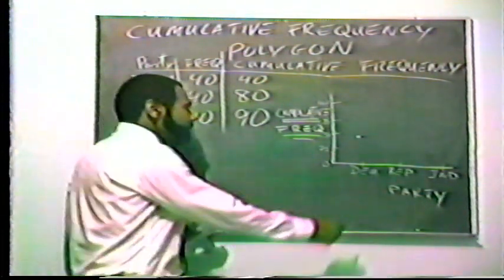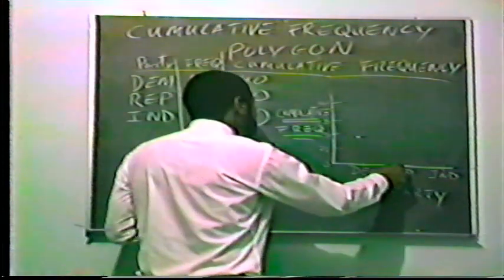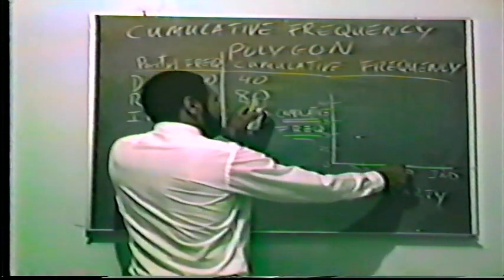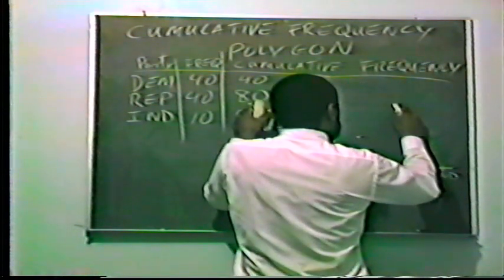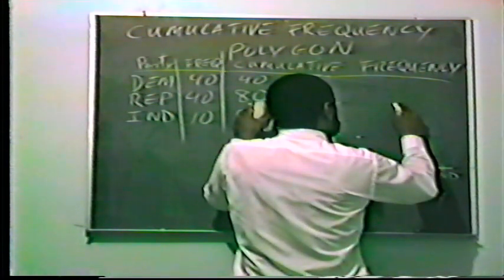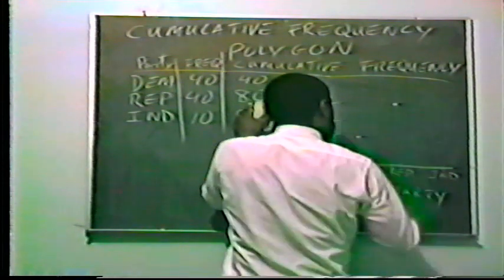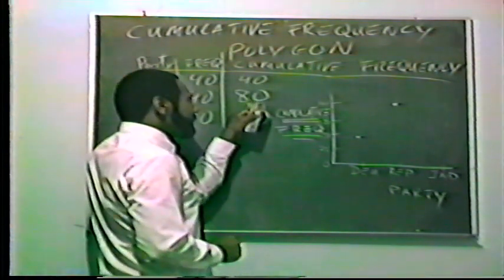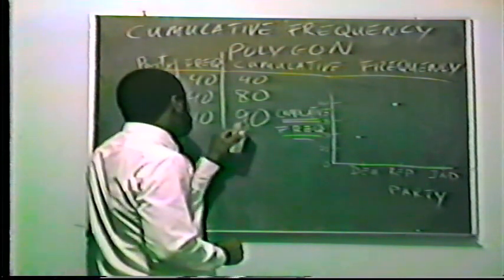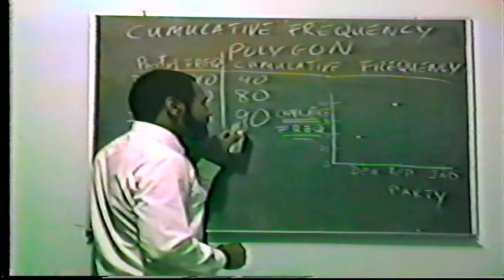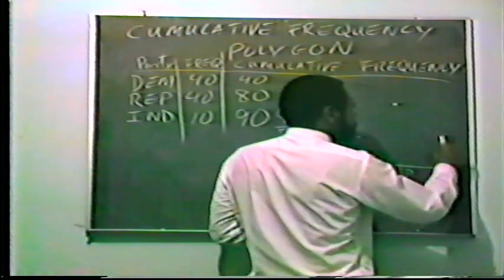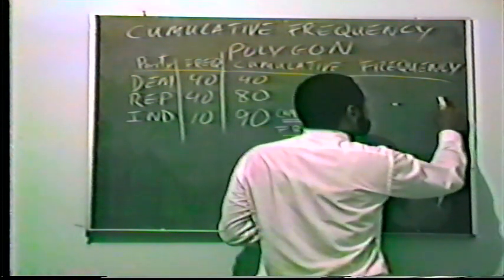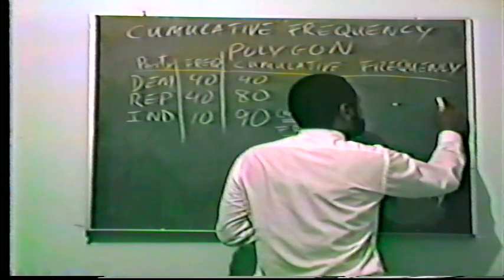When I get to the Republicans, my cumulative frequency is 80. So I go straight up to 80 from the Republicans and I put a dot. When I get to the Independents, my cumulative frequency is 90. So I go over to the Independents, I go straight up to 90, and I put a dot.